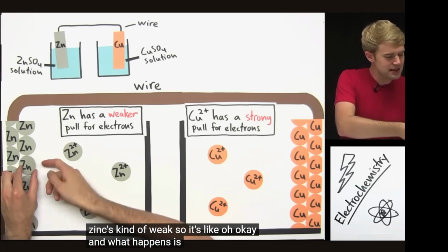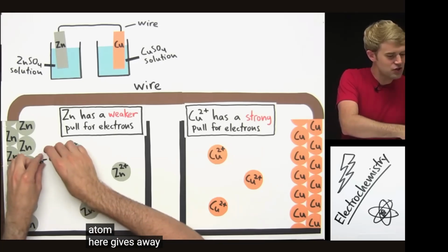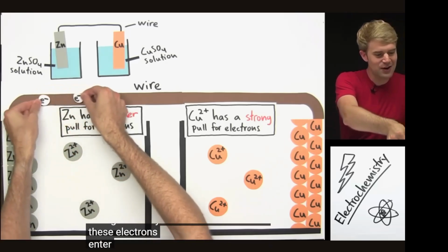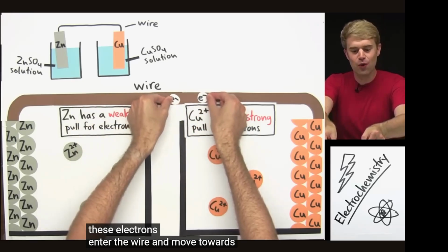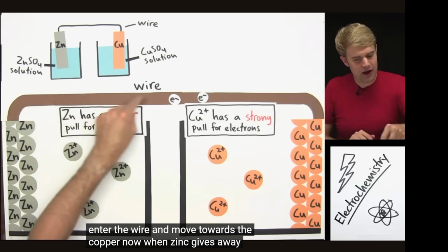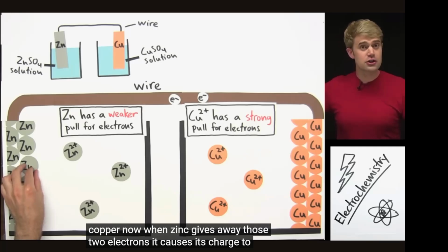And what happens is, let's say this zinc atom here gives away 2 of its electrons. These electrons enter the wire and move towards the copper. Now, when zinc gives away those 2 electrons, it causes its charge to change.